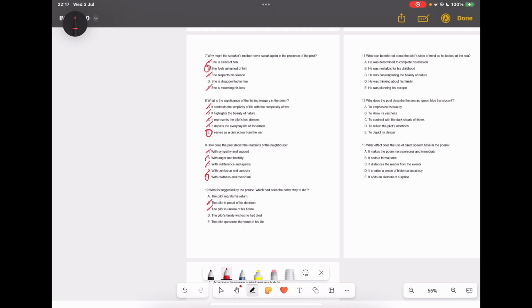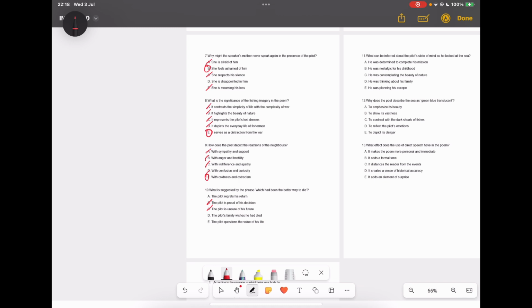Maybe. E, the pilot questions the value of his life. Yeah. So this one, it's basically saying whether he should have died and been honoured, or if he should have turned back and now live a life where he is ostracised and just rejected by everyone around him.